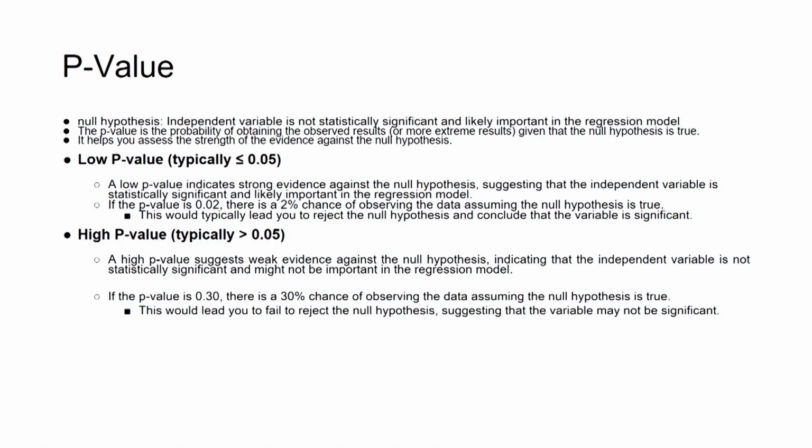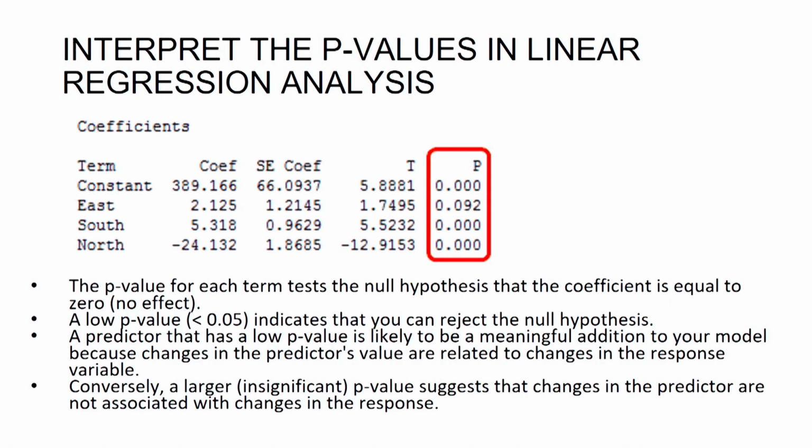So, we can say that if the p value is 0.30, it means a 30% chance of observing the data assuming that the null hypothesis is true. So, this will lead you to fail to reject the null hypothesis, suggesting that the variable may not be significant. Here we can see one example.